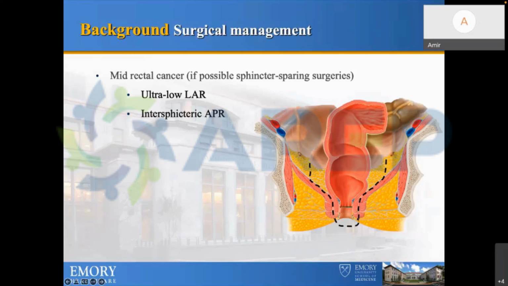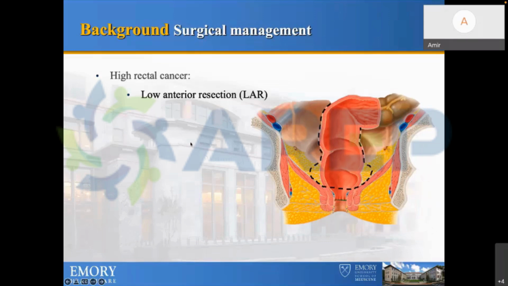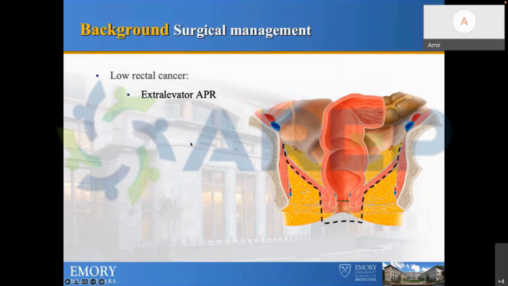They resect the sphincter and the anal canal. If the tumor has not invaded into the levator muscle or the external sphincter, they're going to keep that, and they're going to dissect along the intersphincteric fat along this dotted line again. So that's called intersphincteric APR.